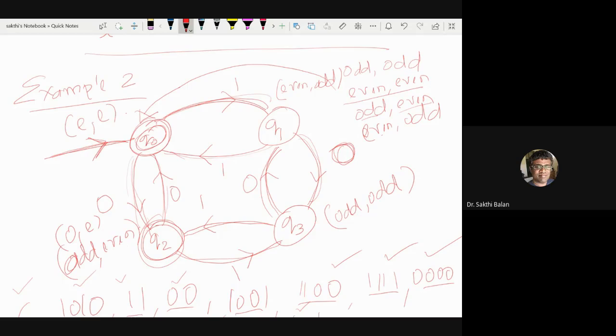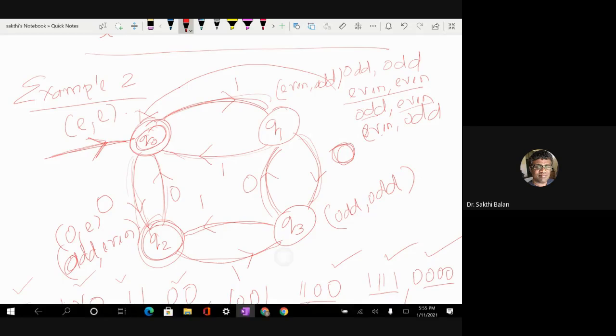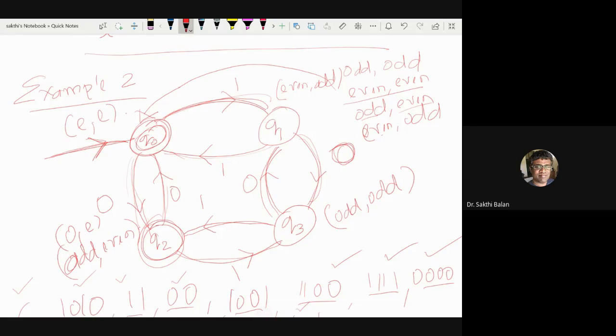Try to get more and more depth into this. If you are not able to, please ask me. I will try to clarify as much as possible, so that you will get more familiar with finite automata. Okay, so let me stop the class for today. I will give you a few more minutes. If you have any doubt, you can ask me.